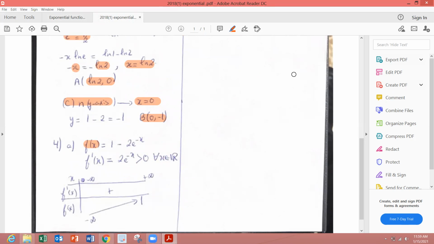The derivative of 1 is 0. The derivative of the exponential e to the minus x: the derivative of minus x is minus 1, times the exponential itself, so minus 1 times minus 2 becomes 2e to the minus x, which is positive for every x belonging to R. We don't solve it equal to 0 because we know its sign, which is positive.